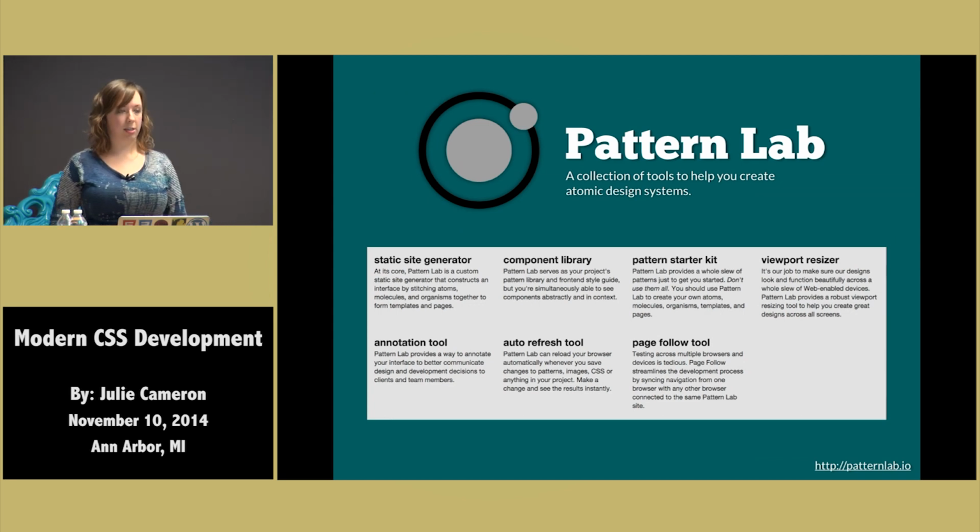At its core, it's a static site generator that you use to build out your atomic components. It comes with a style guide component library piece, all sorts of browser tools. It's a pretty interesting thing. It's worth having a look if you're interested in this organic approach. It is open source. You can run it locally.